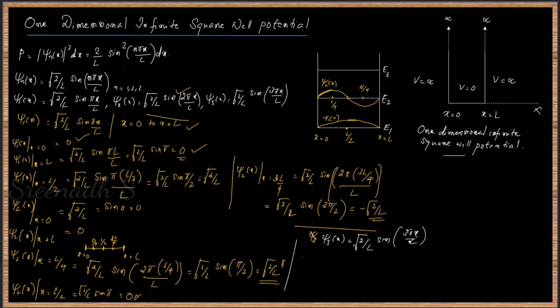In the previous case, we divided it into 4 sections: L by 4, L by 4, L by 4, plus L by 4. In this case, how many sections do we take between x equal to 0 and x equal to L?